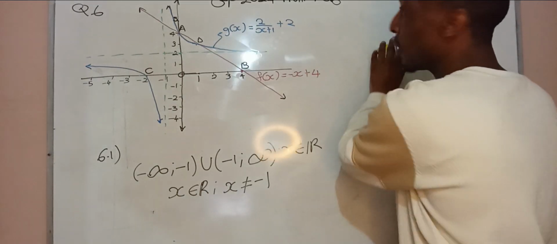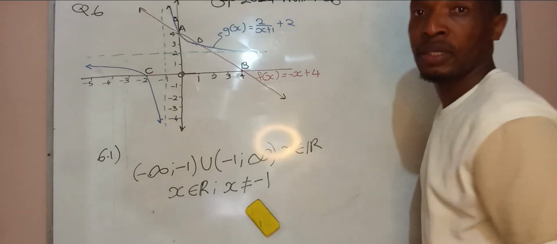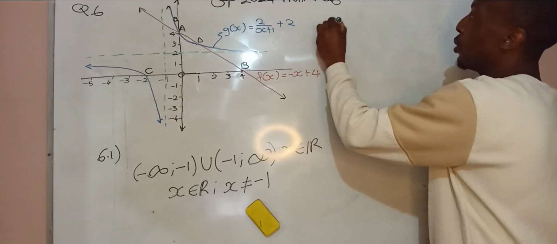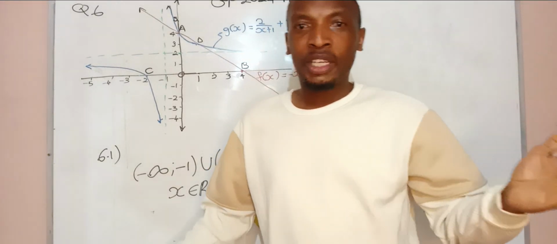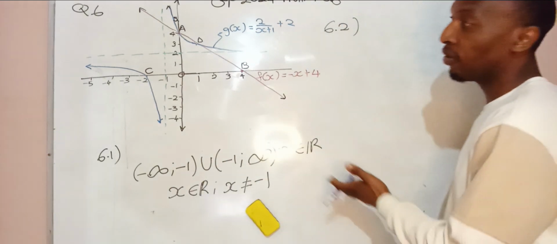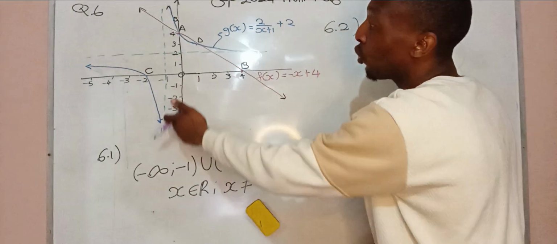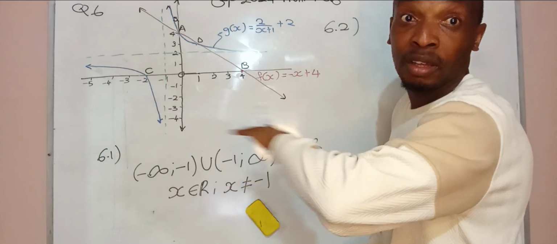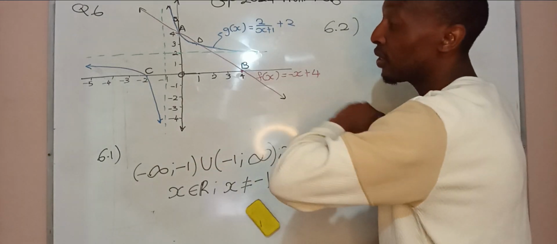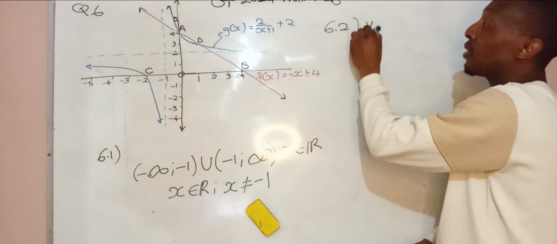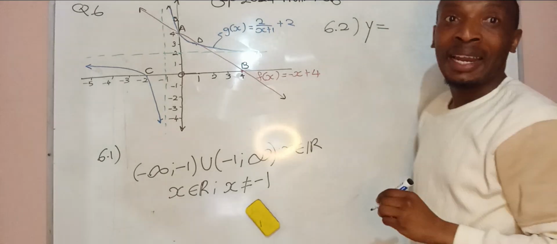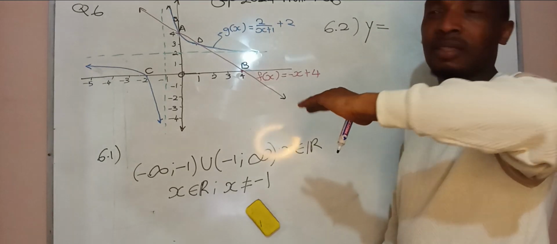Okay, let's look at 6.2. 6.2 says write down the equations of the asymptotes. Very easy. We've already drawn them. So let's begin with the horizontal asymptote. If it's a horizontal line, remember it will always be y is equal to wherever the line cuts the y-axis.